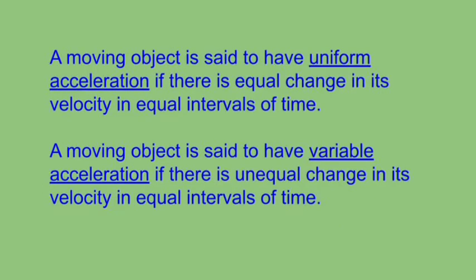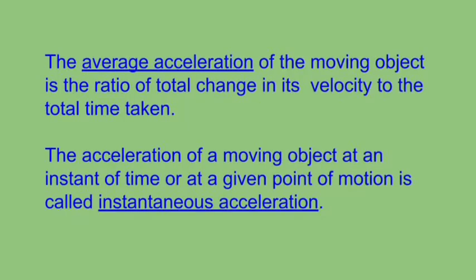A moving object is said to have uniform acceleration if there is equal change in its velocity in equal intervals of time. Whereas a moving object has variable acceleration if there is unequal change in its velocity in equal intervals of time. When an object has variable acceleration, we can find its average value.